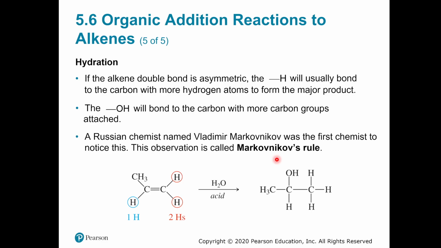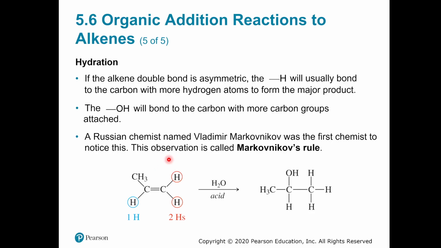Okay, now, whenever we do hydration, this is going to be asymmetric. You have one that's a hydrogen and one that's an OH that's getting added across this. So if it's an asymmetric double bond, this is actually going to follow a Russian chemist's rule. This is called the Markovnikov rule.